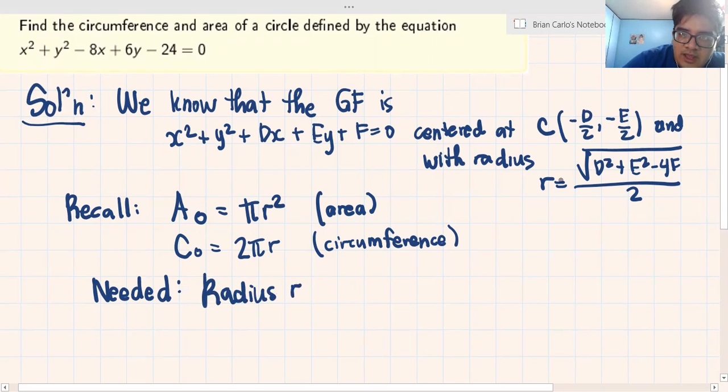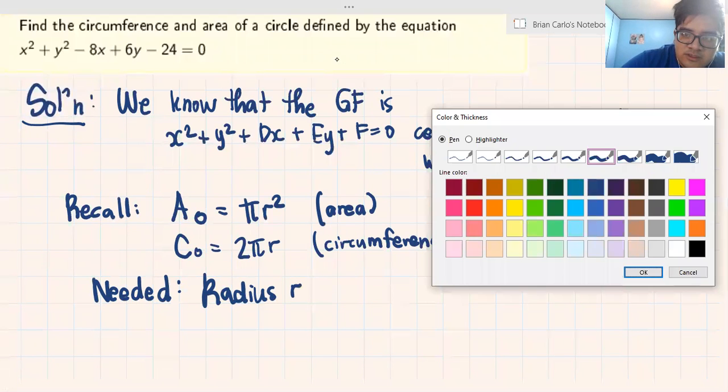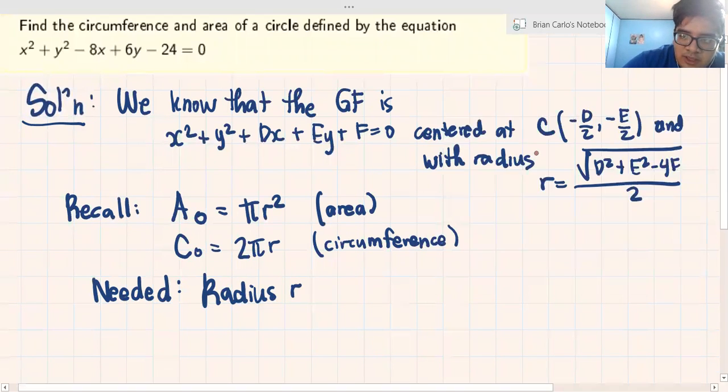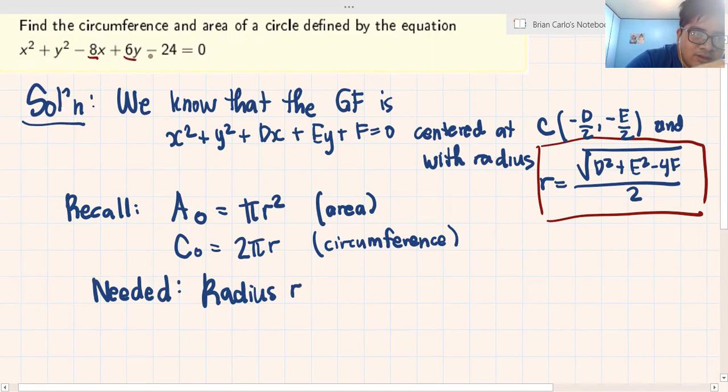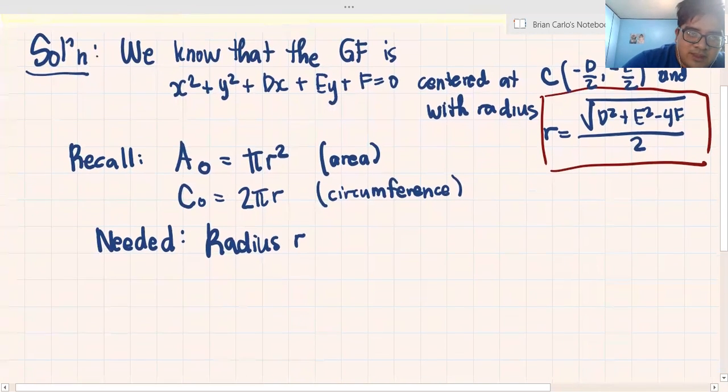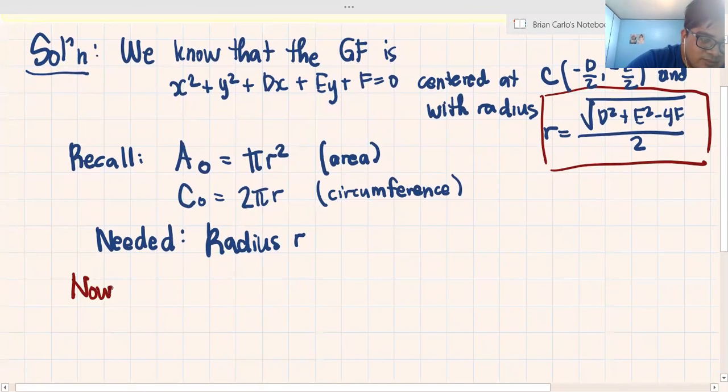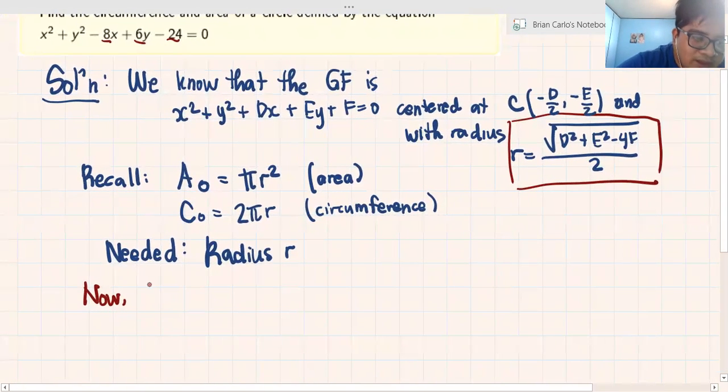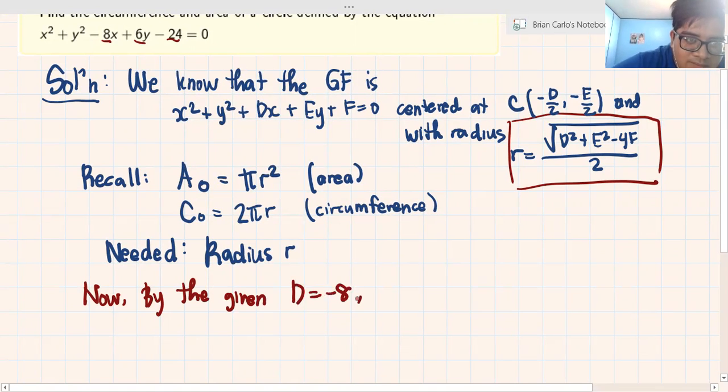And we have a formula. This is the formula for the radius, right? And we have D, E, and F. By the given, D is equal to negative 8, because it is the coefficient of the x term.